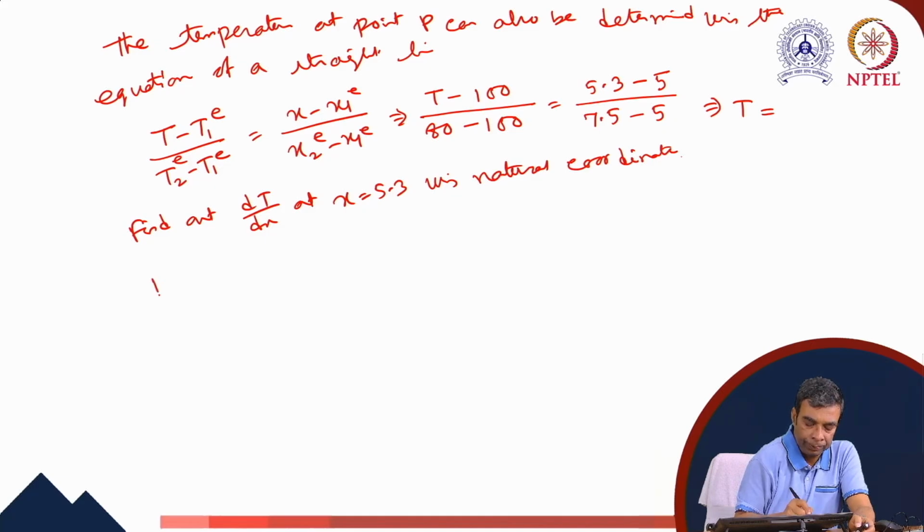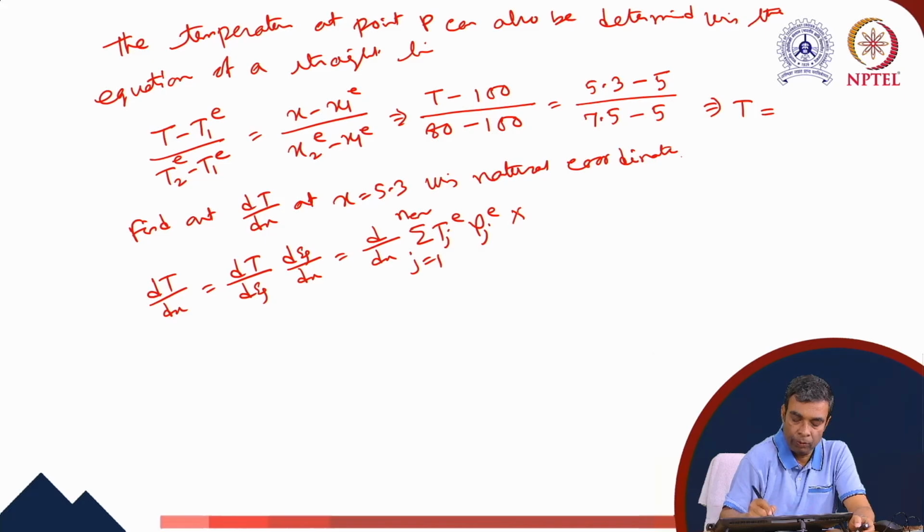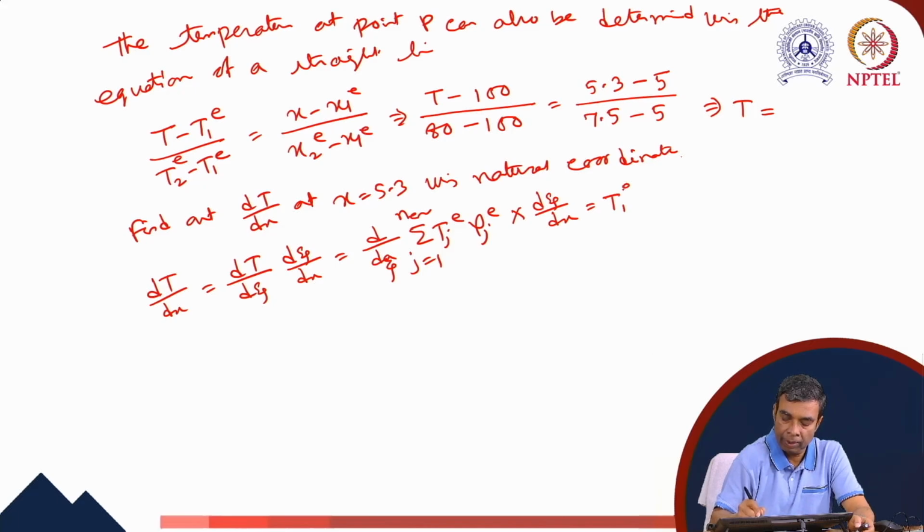Okay, so dT/dx equals dT/dxi into dxi/dx equals d/dx of summation of T_j psi_j, j equals 1 to nen, into dxi/dx. So this comes as T1e d psi 1e/d xi plus T2e d psi 2e/d xi.